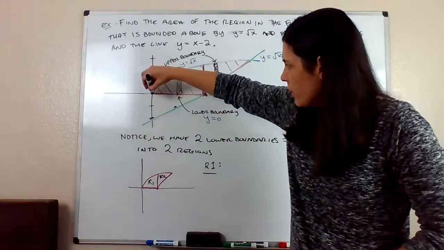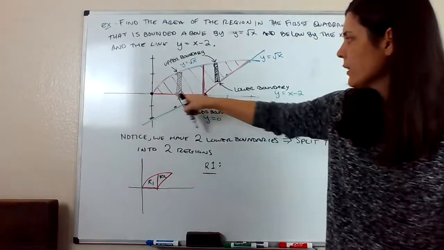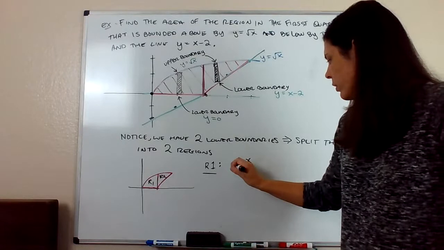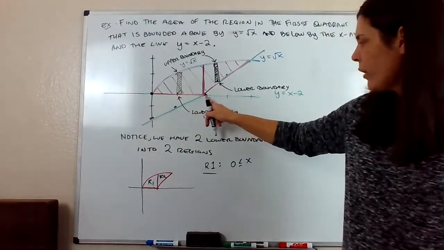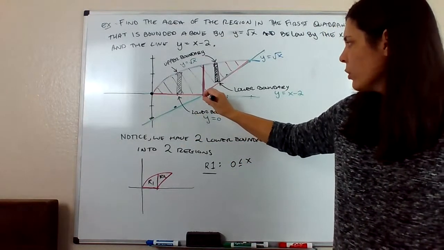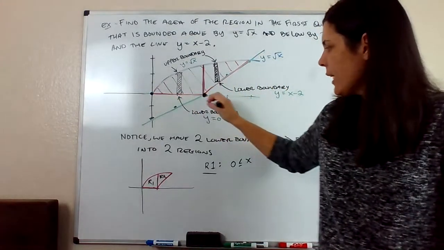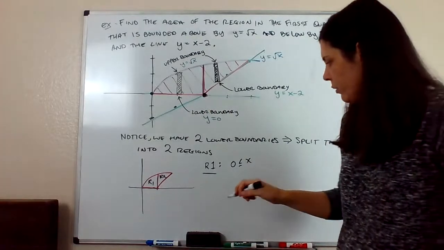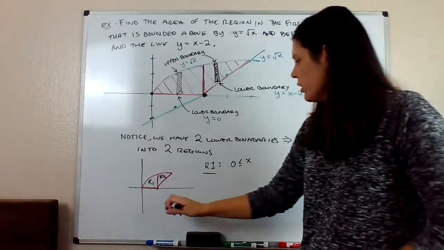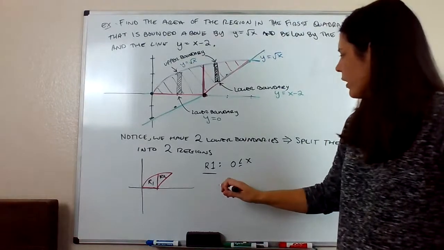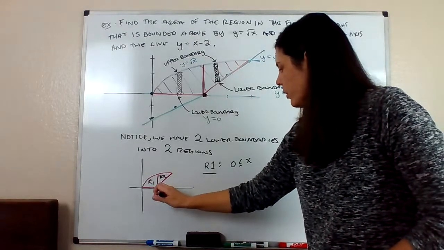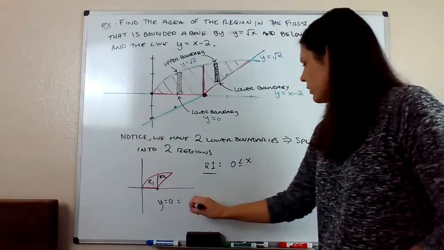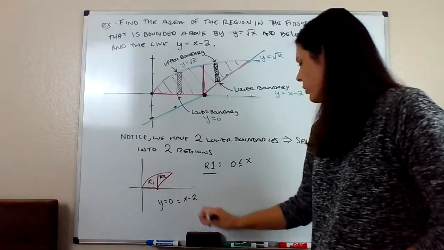Look at where we're at. We go from the starting point on the x-axis for our region, which is 0. So x goes from 0, and then we stop that region right here, where the line and the x-axis meet. If we couldn't tell from our drawing, we could do a quick computation. We would say that it's where y equals 0 meets y equals x minus 2.